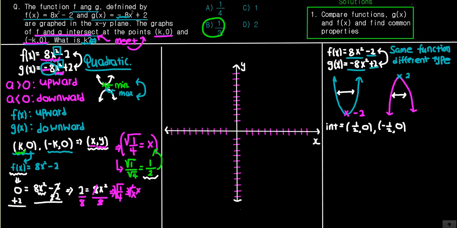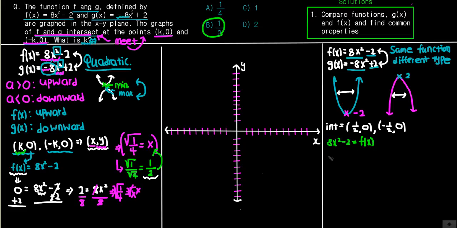At first, let's graph f of x equals 8x squared minus 2. Let's input some values.